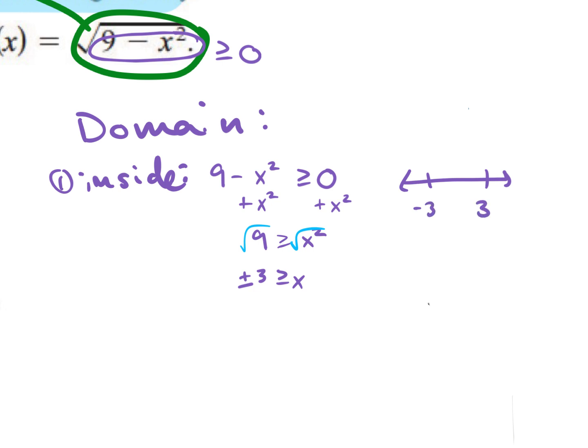What's a number we can test that's in between -3 and 3? Sure, let's test 0. If I plug this into my function here, I have 9 minus 0 squared. Can I take the square root of 9, or is 9 greater than or equal to 0? Is this true? Yes. So it works in between. Now it's greater than or equal to, so these would be closed circles.